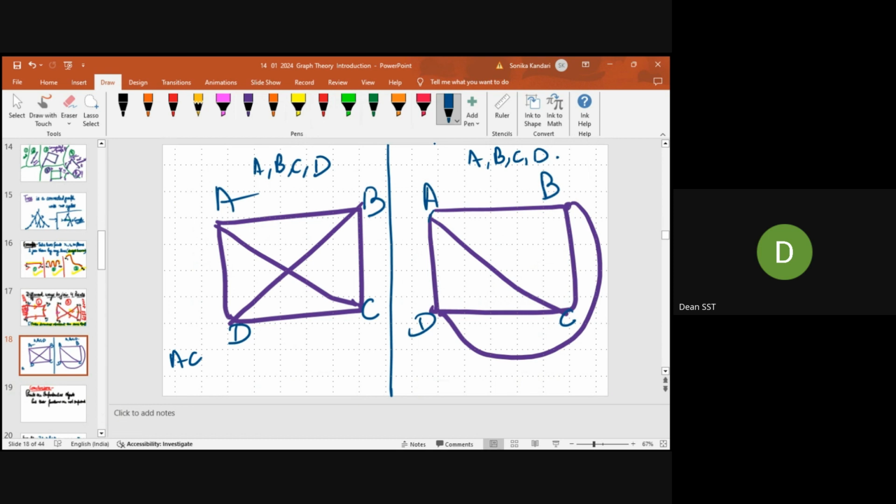Edges are AC. Fine. AB, BC, DC, AD. Fine. These are the edges. Similarly, here we are having edges AB, AC, AD, DC, and so on.